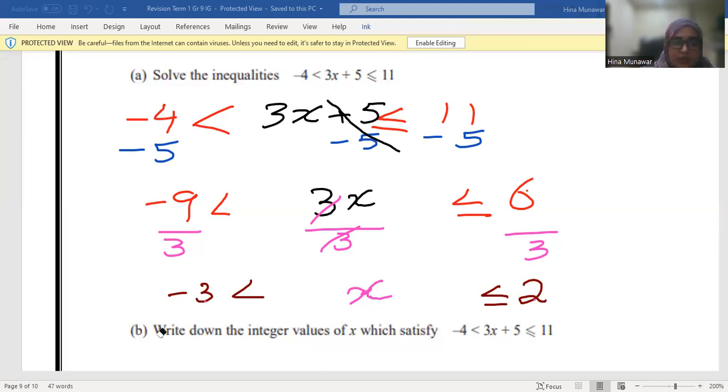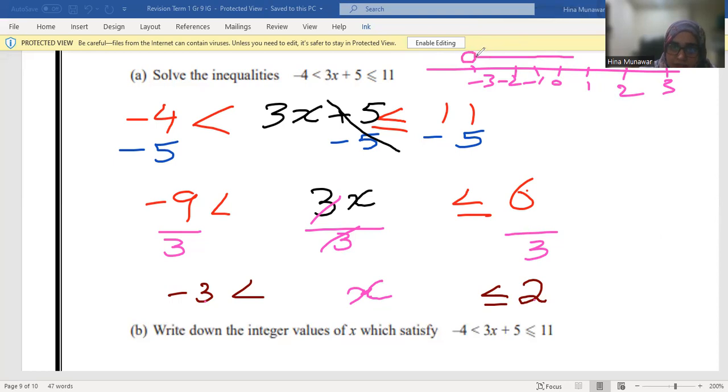So the B part is: write down the integer values of x that satisfy this inequality. Basically, this inequality gives us the information that x is greater than minus 3 but less than or equal to 2. Like if this is a number line: 0, -1, -2, -3, 1, 2, 3. It's greater than -3, but -3 is not included, right?